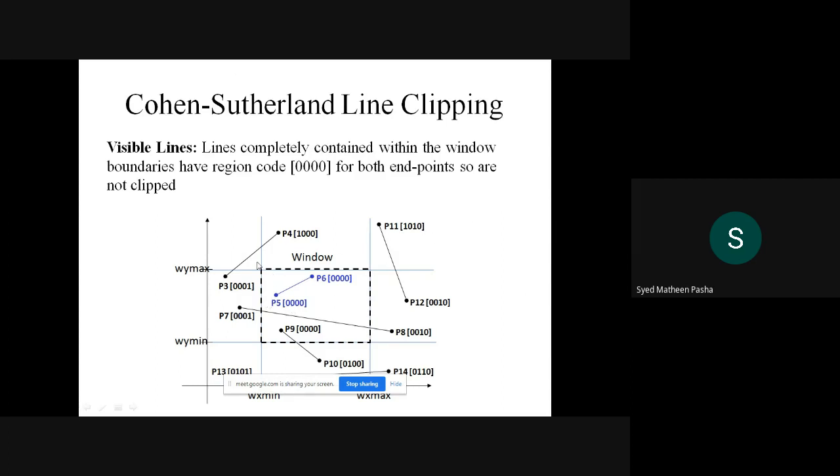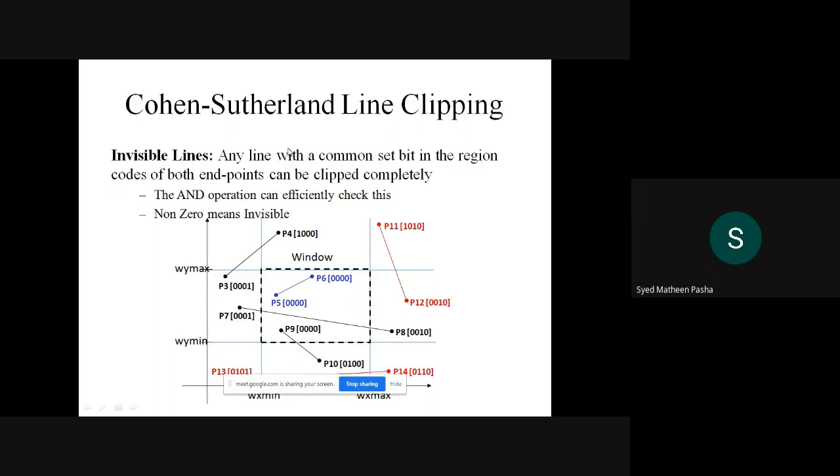In the example, P5 and P6 are the points with which a line is drawn. I can call this a visible line because it falls under the window which should be displayed onto the output screen. All the other lines are not visible because they fall outside the region which you want to display. So that is the definition of visible lines.